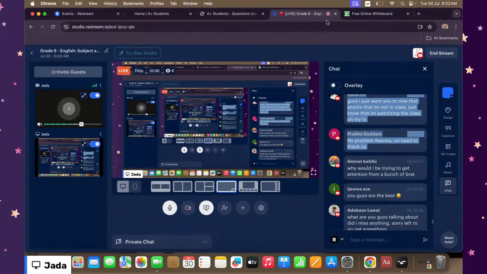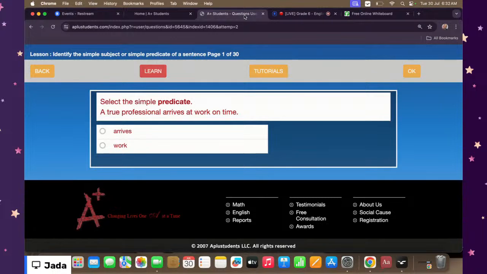Back to this now, everyone. What's the simple predicate? It's supposed to be the verb in the sentence. So let me know the simple predicates. Arrives. Okay. We have arrives.